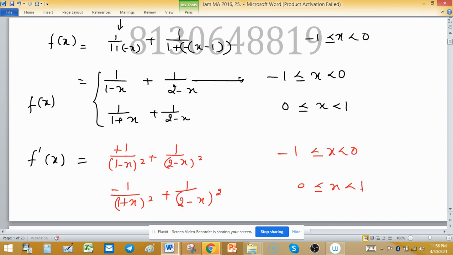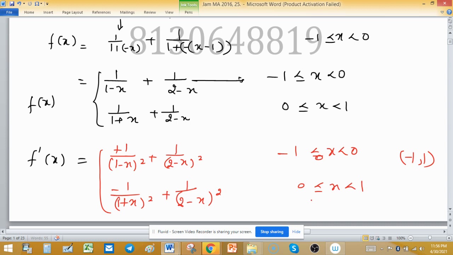And I left out 1 because I didn't take it at 1, because a function can change behavior at boundary points. So I left this one at the interval. So I define f'(x) at -1. So you can remove this one inequality also, means -1 to 1.